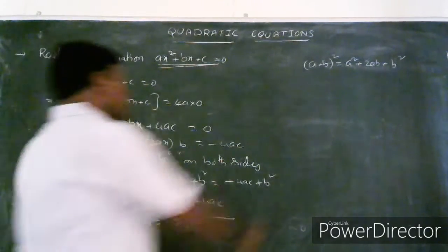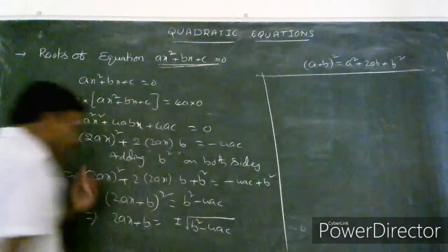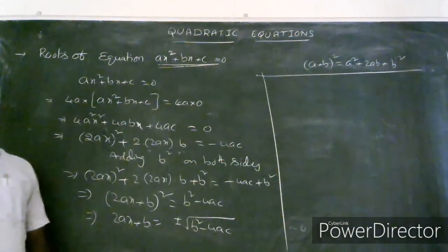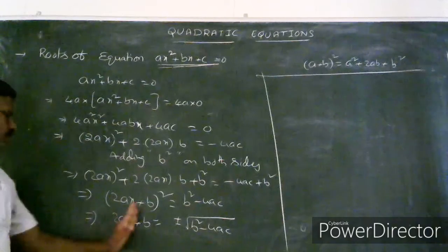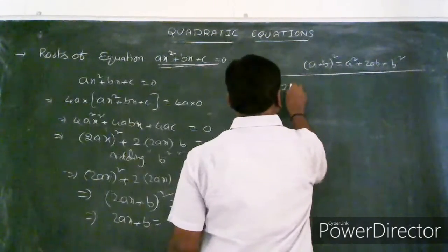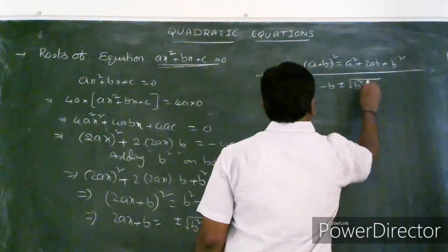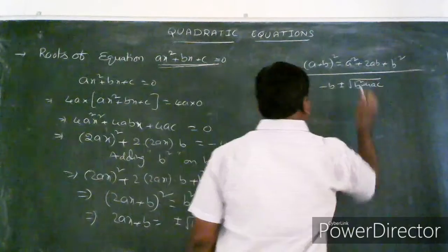Now we want the value of x. Solution means we want the value of x. 2ax is equal to, sending this b to that side, minus b plus or minus root of b² minus 4ac.